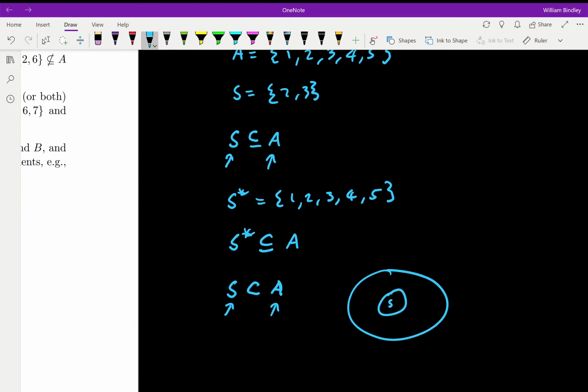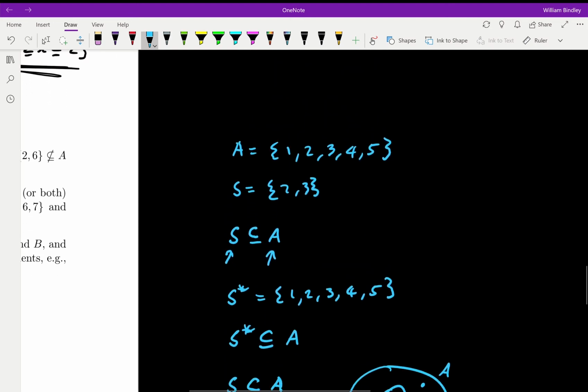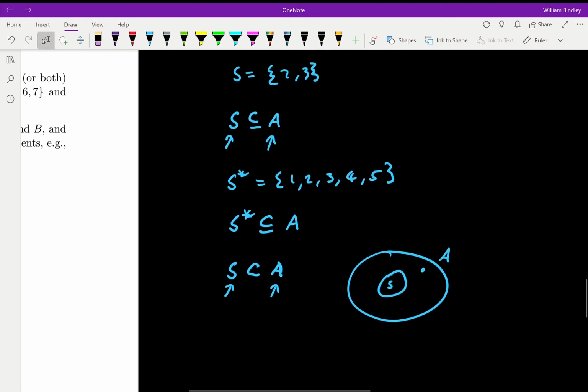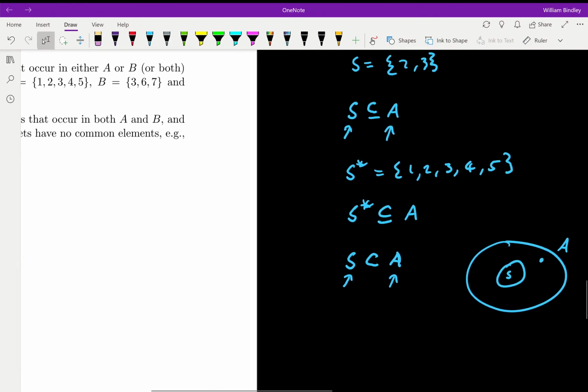This would be S, and there'd be some element outside here in A, which is not in S. All right. Anything else? Nope, I think that's it for now.